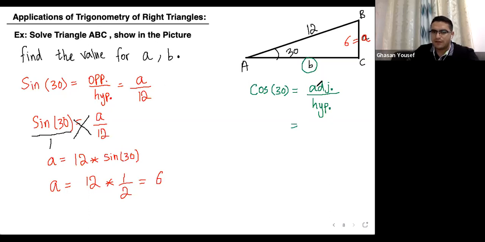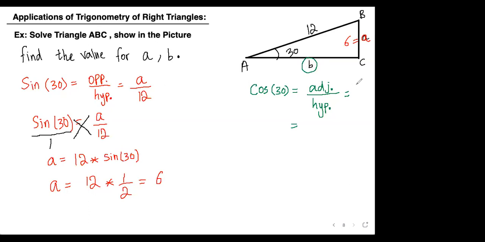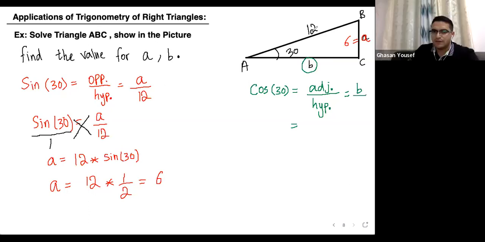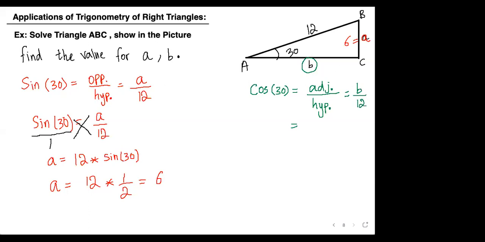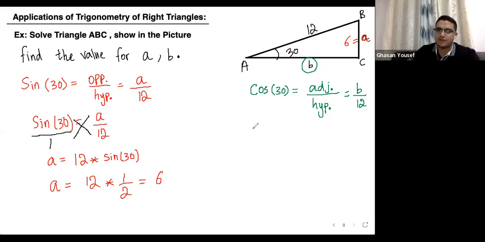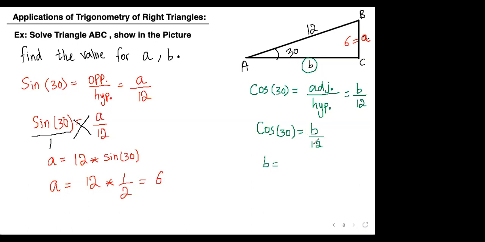What's the value for the adjacent now? It's b, over 12. Correct. Now, to find b, we can do the cross multiply. So I get cosine of 30 equals b over 12. Cross multiply, and b equals cosine of 30 times 12.